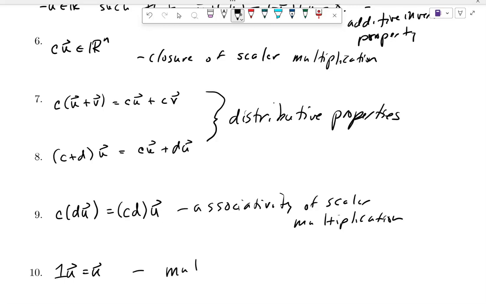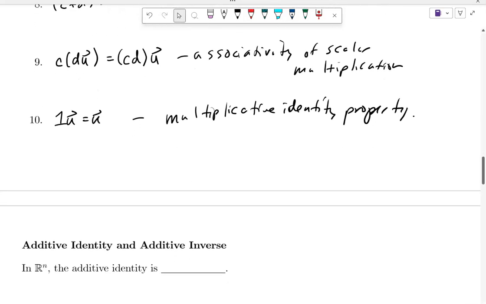Your book refers to it as a multiplicative identity property. But in particular, it just says that I take 1 times a vector, I have to get the vector back again. There's a name for that algebraically if you go farther along in abstract algebra stuff that I'm not going to mention.